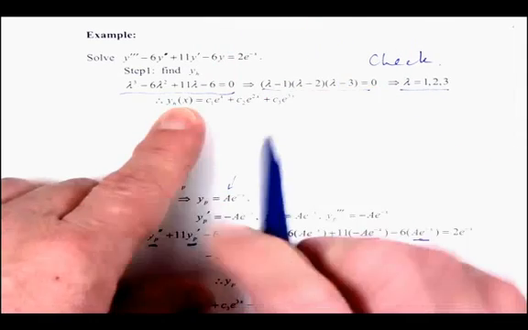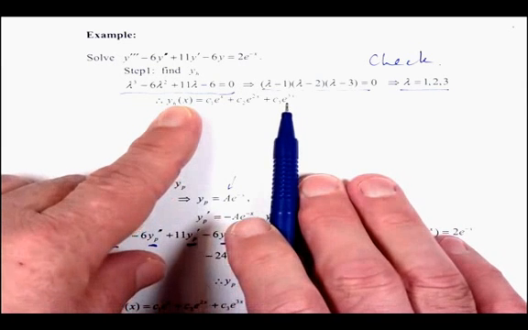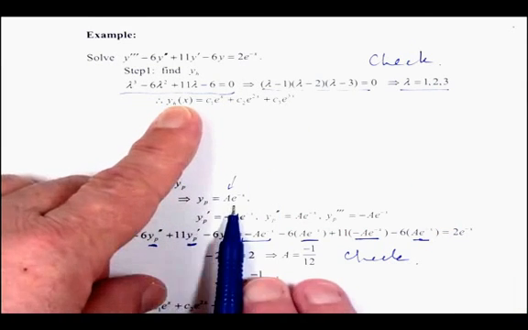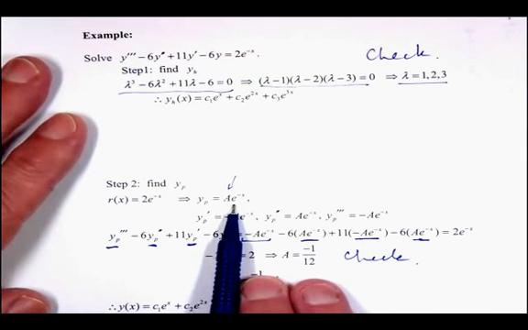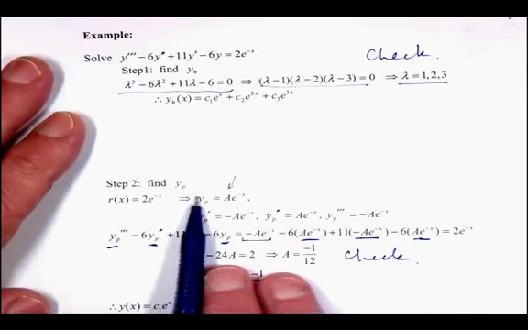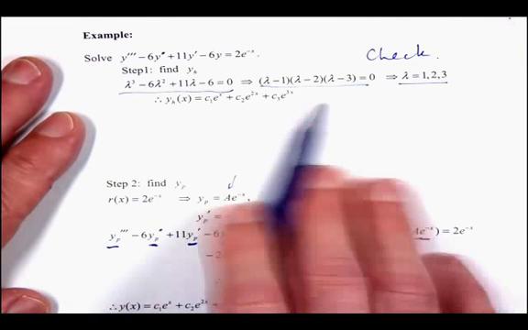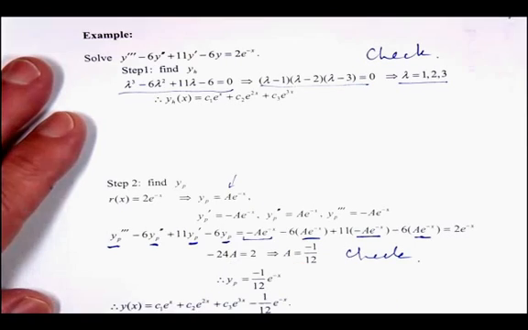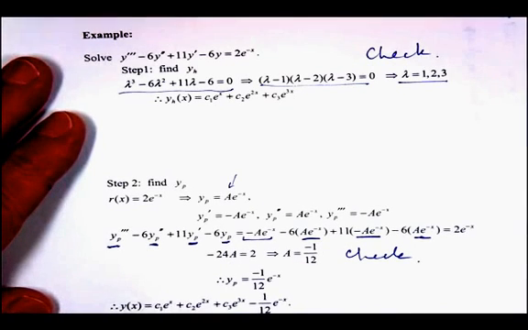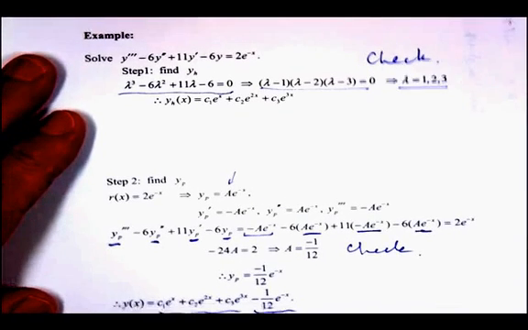If it now actually appeared 3 times, you would have had to have multiplied by another factor of x. Okay? So that's the only other complication, is that you can get further complications of multiple roots, and that means that you just keep multiplying by x further and further times until you get something that isn't in the homogeneous solution.